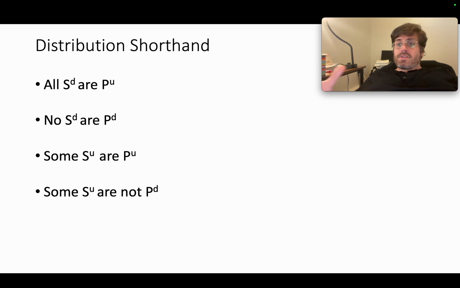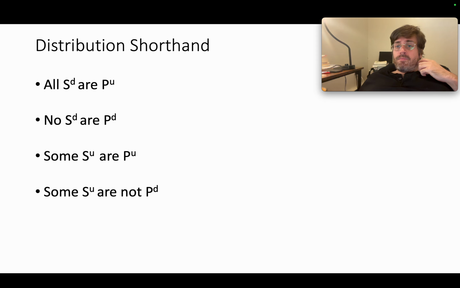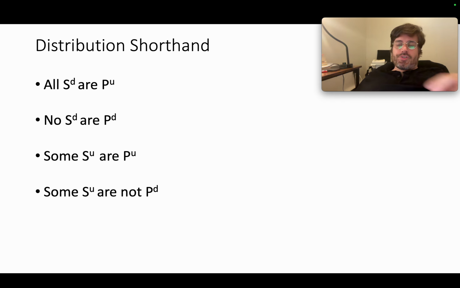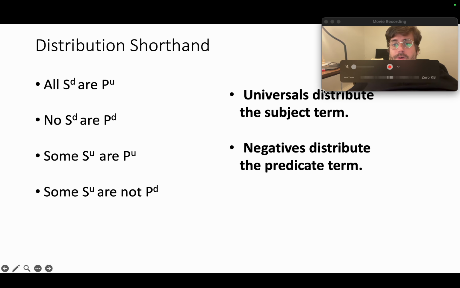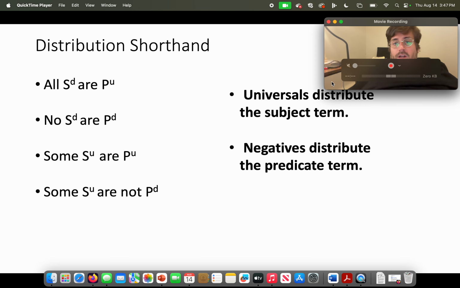So again, I'm not asking you to memorize the shorthand as though it's something you have to reproduce on an exam verbatim. It's just very useful, I think, to begin to understand the formal structure of these categories of proposition and how the terms are relating to one another in terms of affirmation or negation. And that's really what we're after. So universals distribute the subject term across the board.